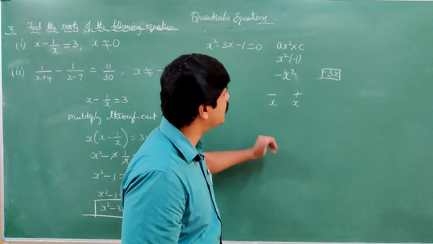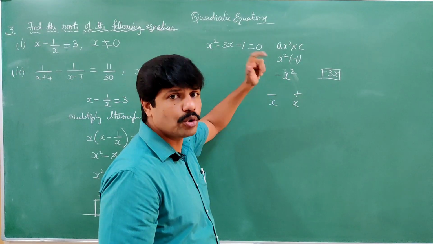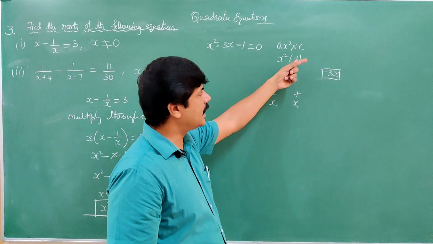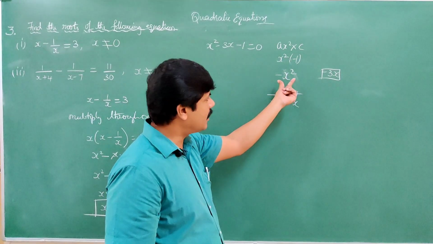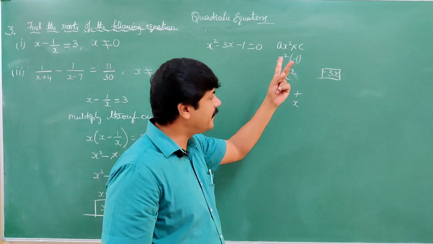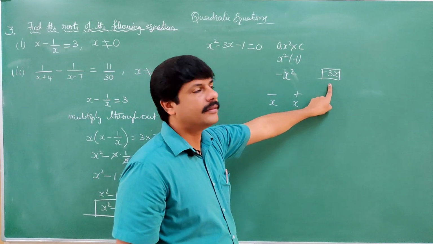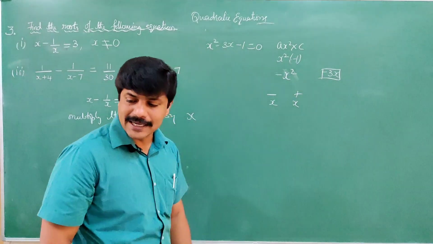So it is not possible to find two factors of ax square into c, that is minus x square, so that you can split the middle term. Not possible. Therefore, this is limited.